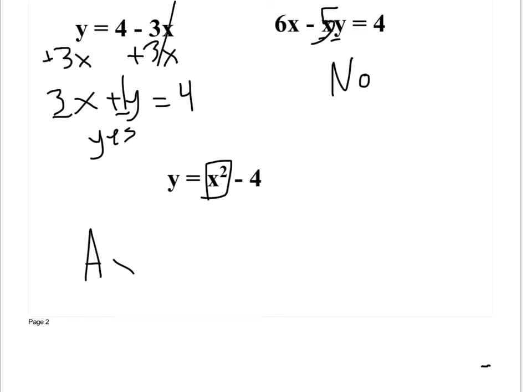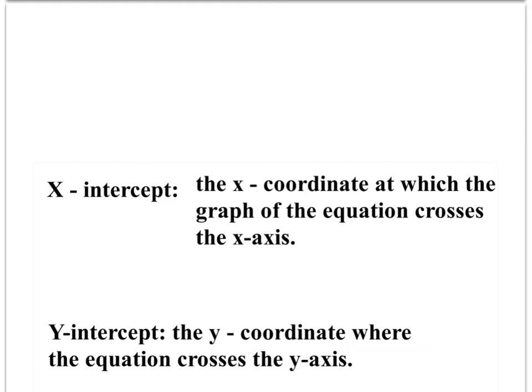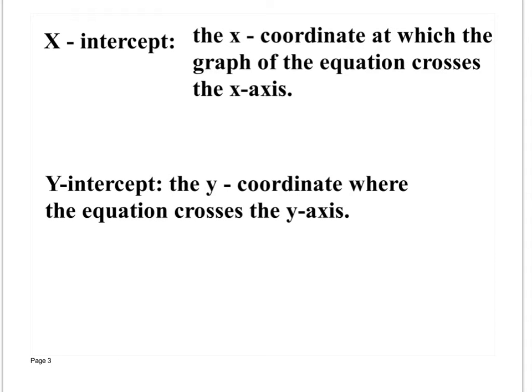Remember, it's Ax plus By equals C. Did I ever say it could be x squared? No. So this is a no without even having to move it into standard form. Okay, any questions?